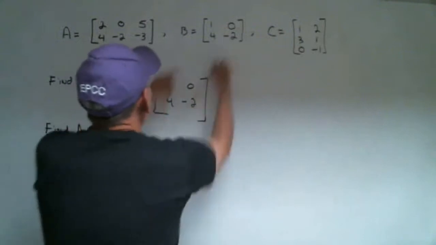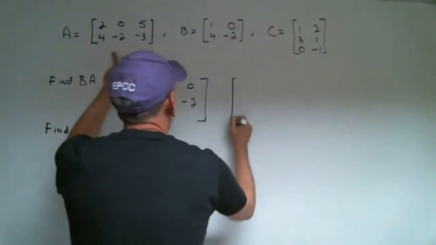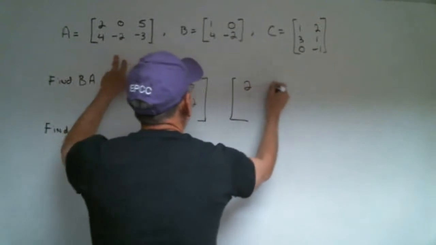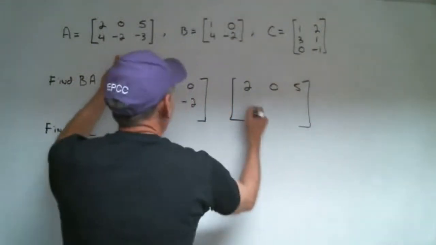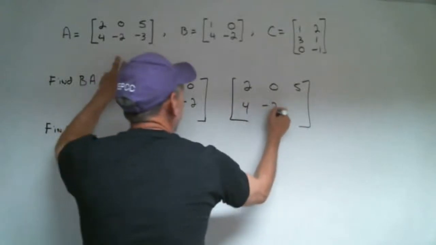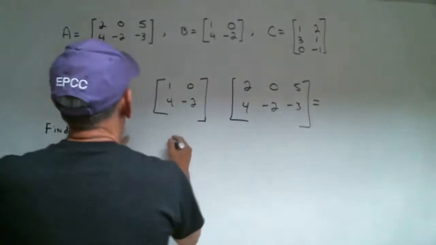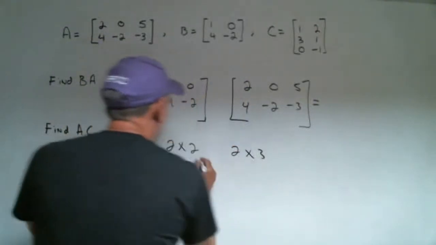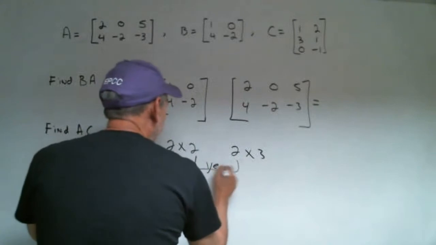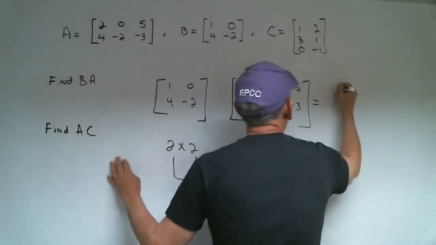I'm going to put matrix B, and then matrix A here: 2, 0, 5, and 4, negative 2, and negative 3. B is a 2 by 2 and A is a 2 by 3, so yes, it can be done. And the answer will be a 2 by 3, the same size as A.